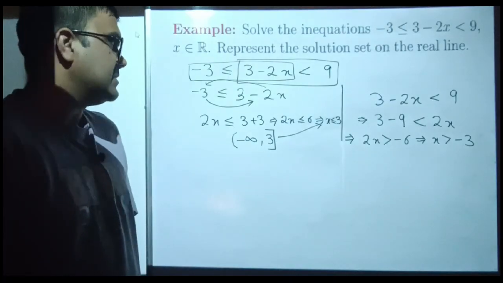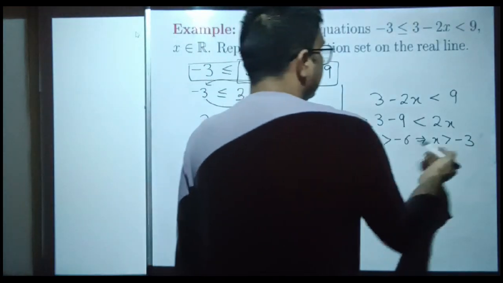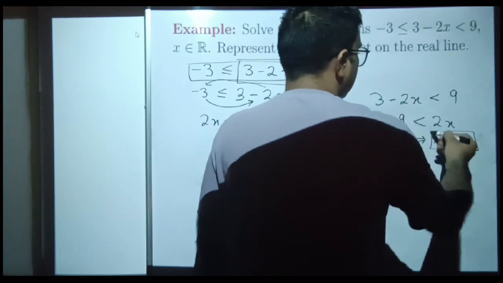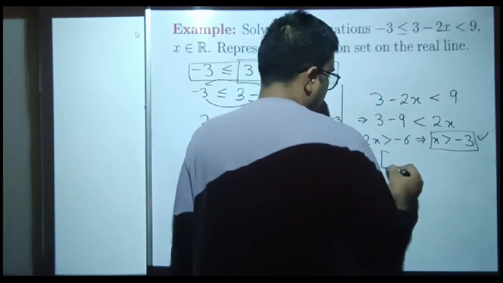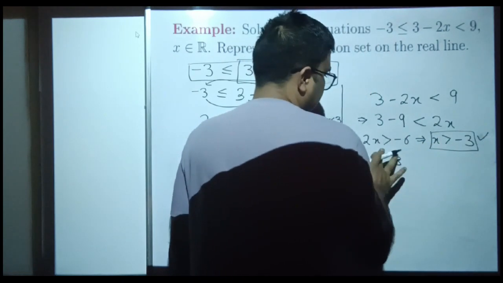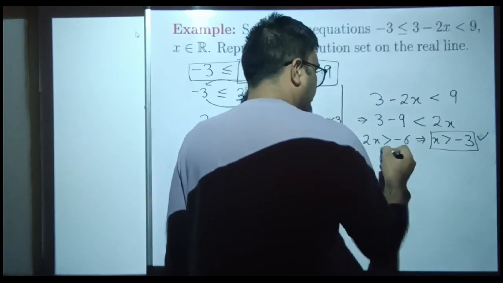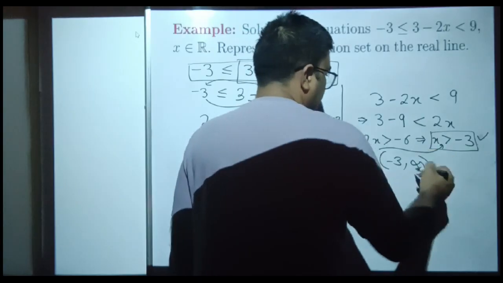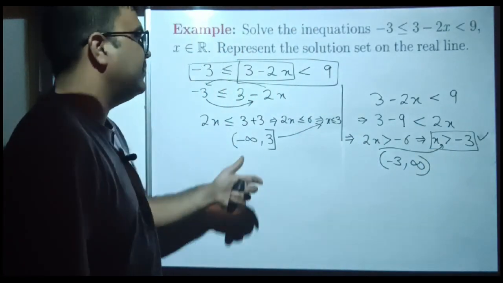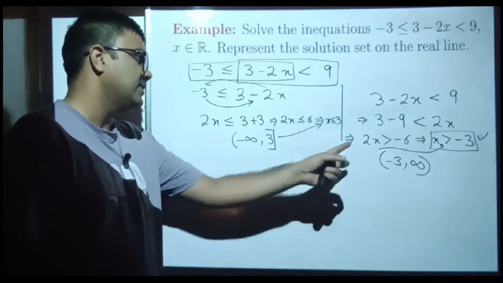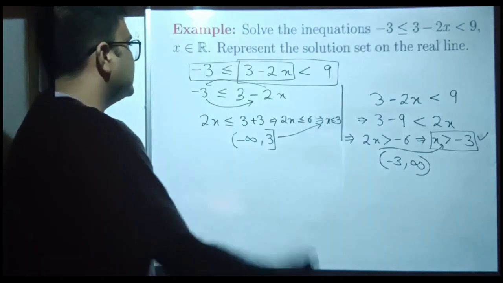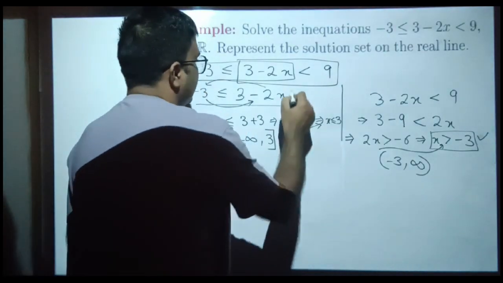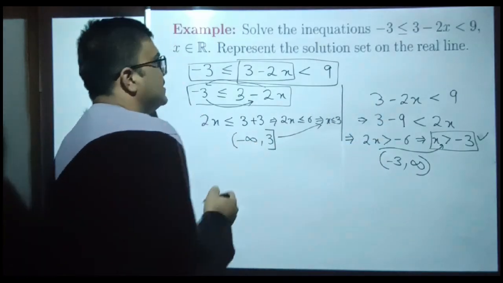How do we represent it in interval form? We are talking about all real numbers which are greater than minus 3. This is greater than, so an open bracket is there, up to infinity. At infinity and minus infinity we always have open brackets, so we write the answer in this form. This is the solution of this inequality.